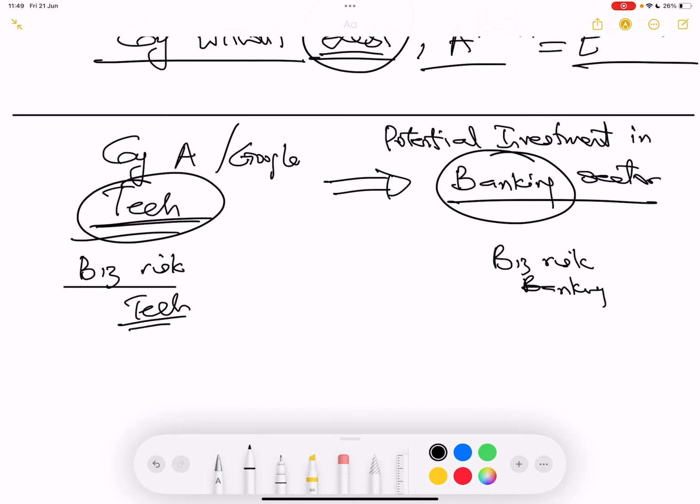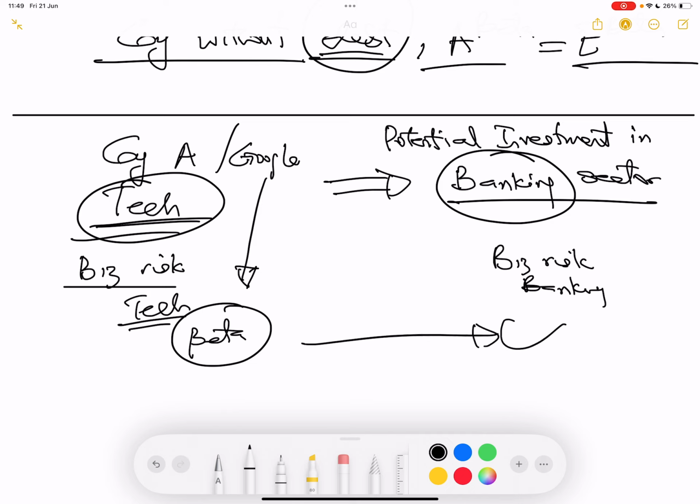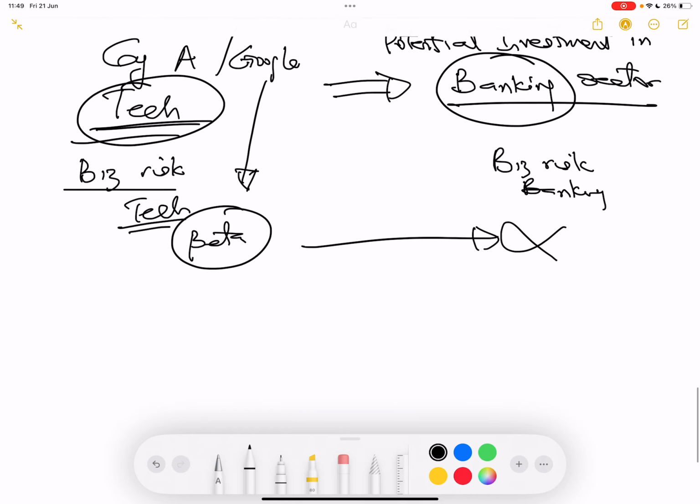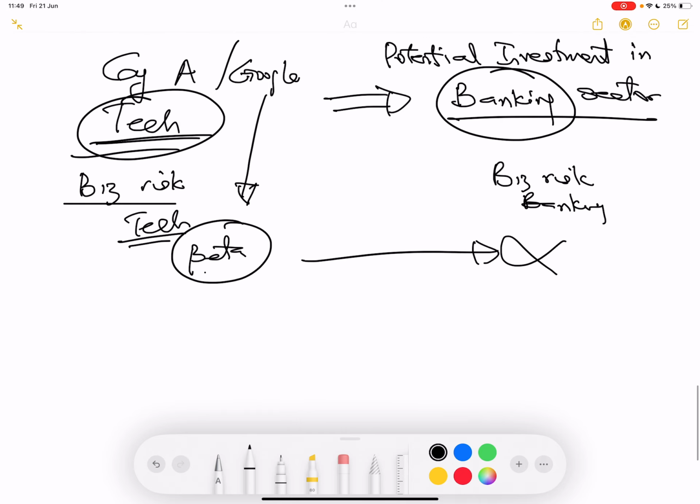So which means the beta you have here for Google cannot be used to assess this opportunity. You cannot use it because there is a part of this beta that is tech business risk that you cannot use for banking business risk.